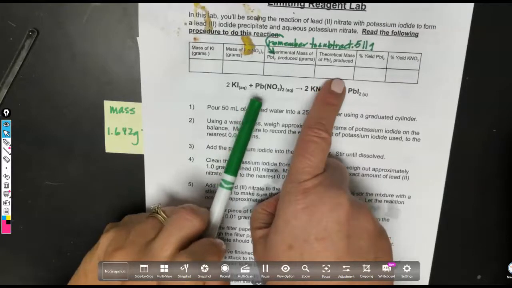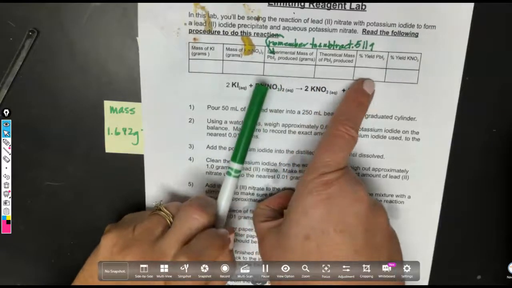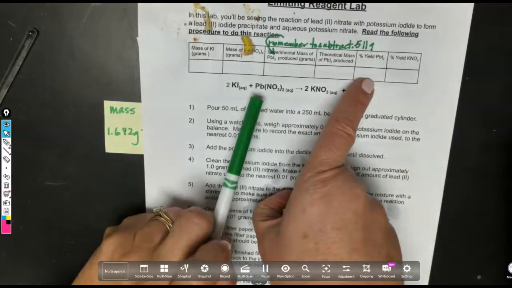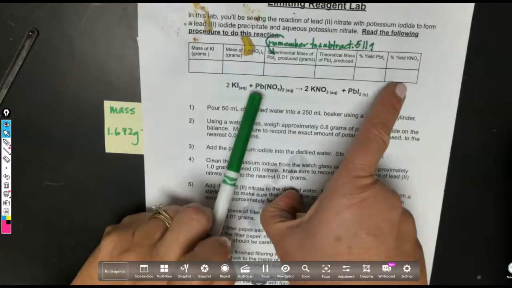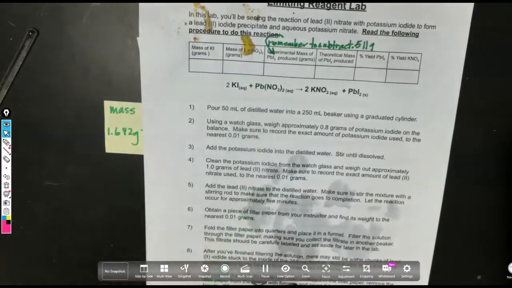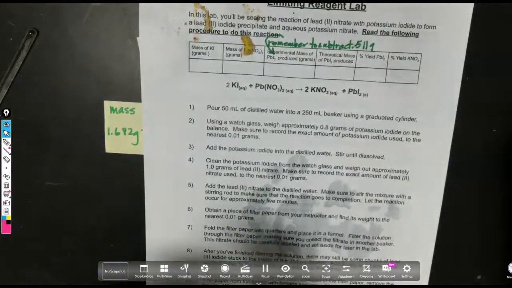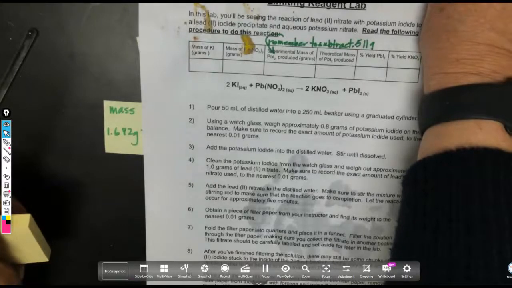Once you know that, and you know this, you can calculate the percent yield of PbI2, and then we're still going to have to talk about the percent yield of KNO3. So I'm going to pause that until after we get a chance to finish this evaporation.